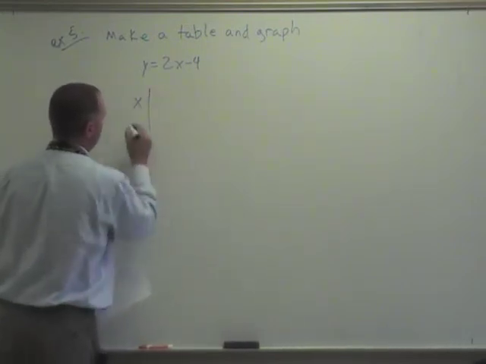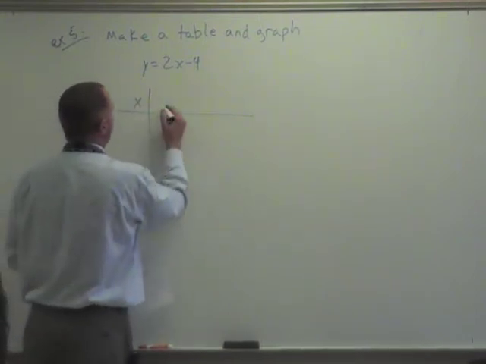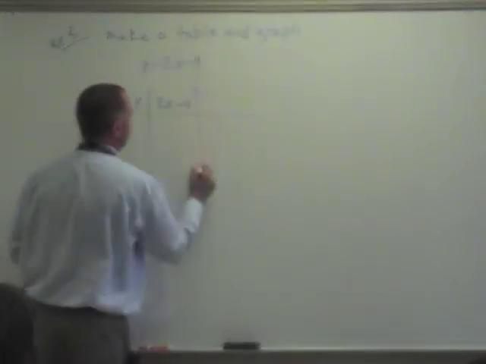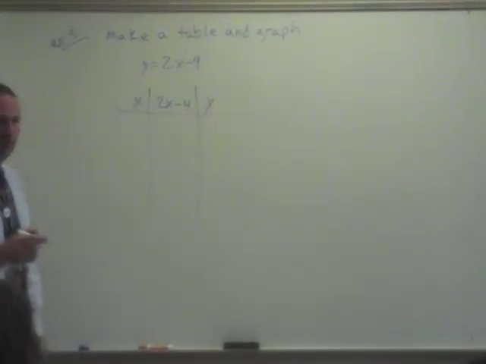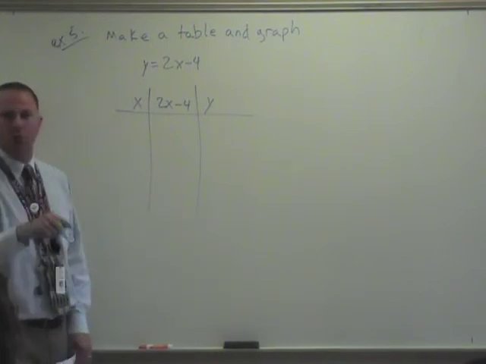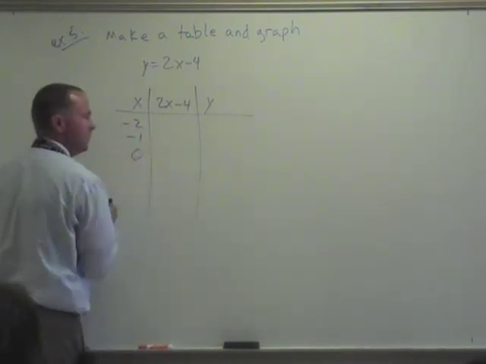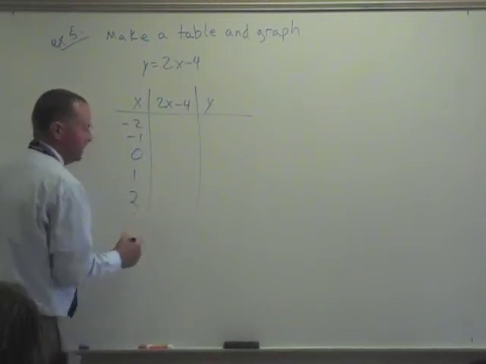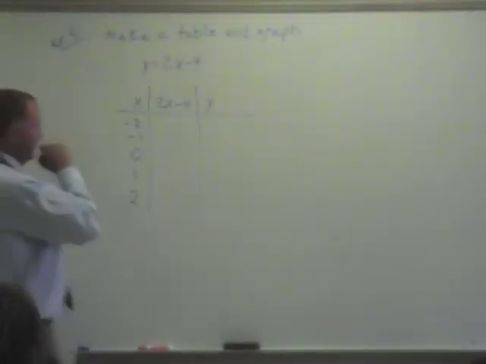Now, I don't care if you just do X and Y. I like to do it like this so I don't make any mistakes. You don't need the center column if you don't want. The X values, you get to pick what they are. I think you should choose some negatives, 0, and some positives. But you can choose anything you want. If you want to put some fractions in there, go ahead.